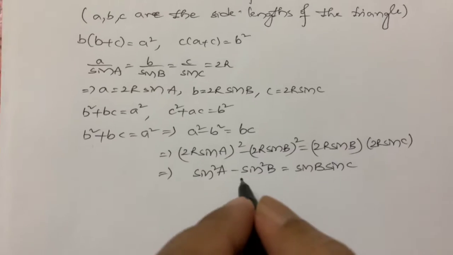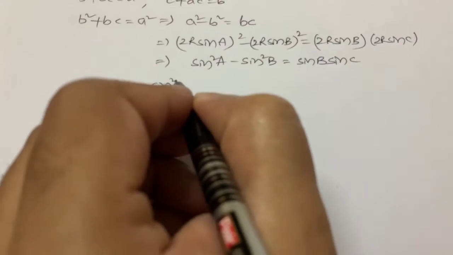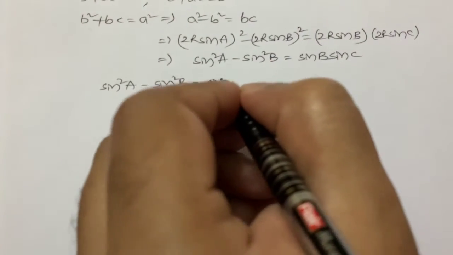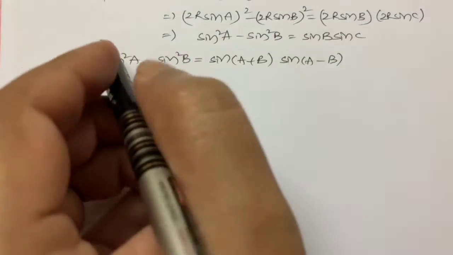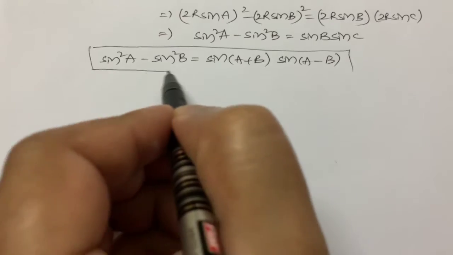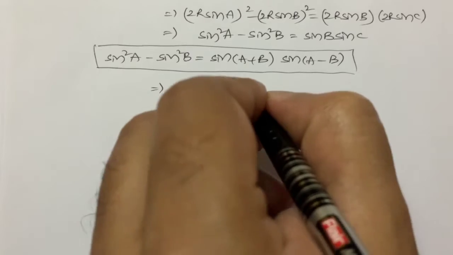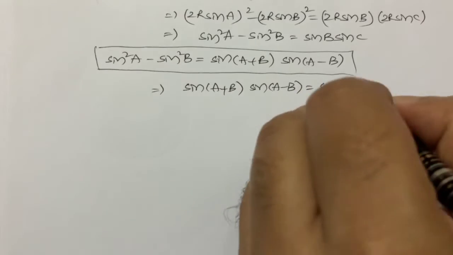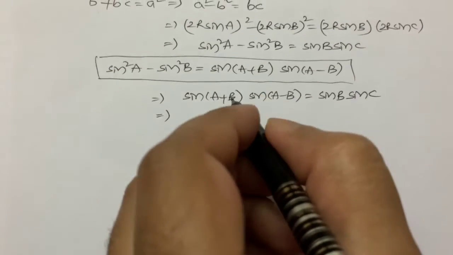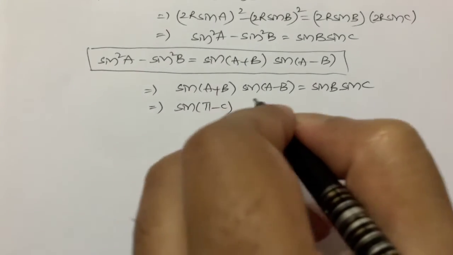So in order to solve this, for sin² A - sin² B we have a formula: sin(A + B) sin(A - B). So if I use it, sin(A + B) sin(A - B) = sin B sin C. So A + B is pi - C, because A + B + C = pi, as it's a triangle.